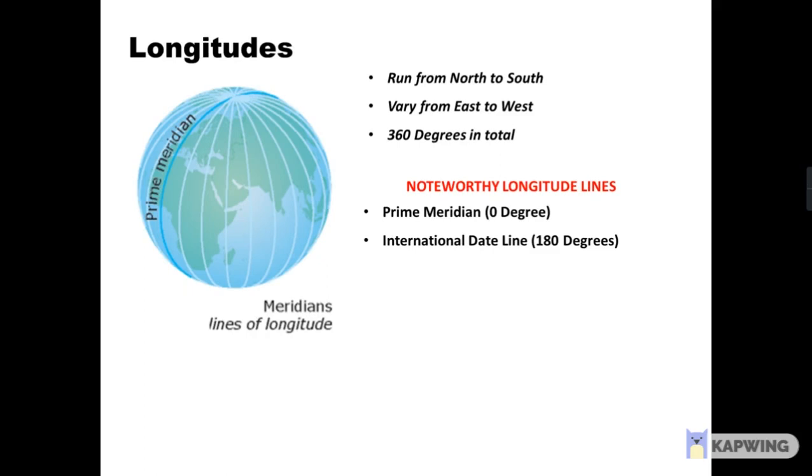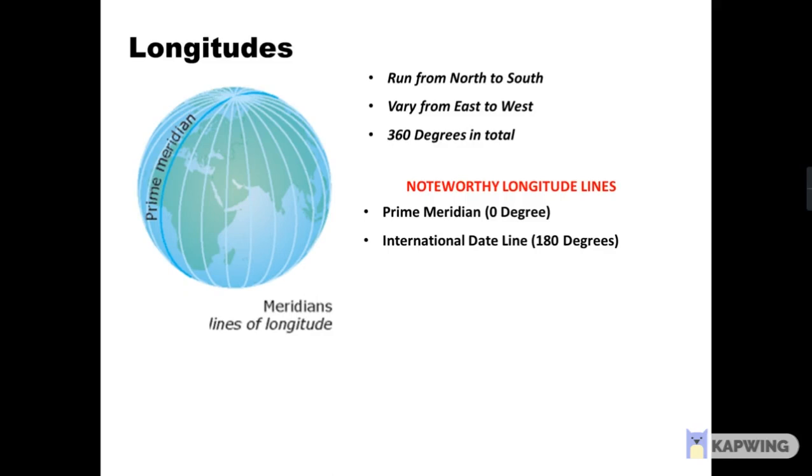And just to be clear, this international date line doesn't strictly follow this 180 degrees line, due to some mutual agreement made between the countries in that particular region, in order to avoid some time confusion. So it is the prime meridian that occupies one half of this great circle, and the international date line, which occupies the other half of this great circle, are the two important lines of longitude to be noted down.